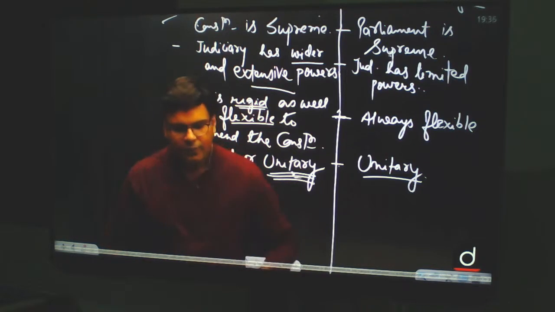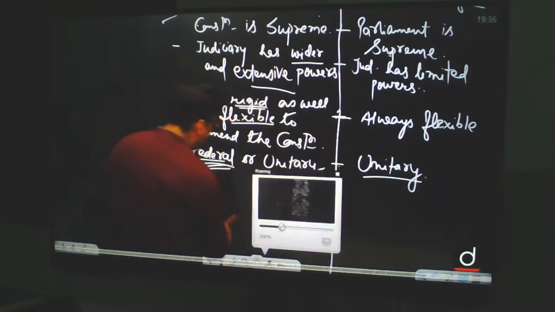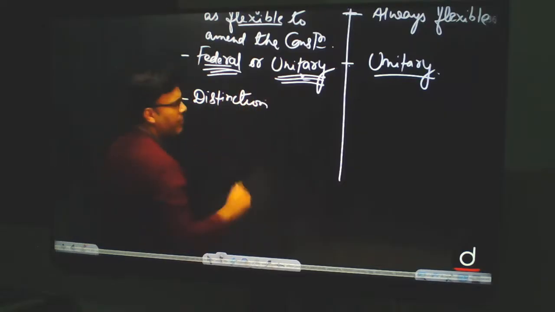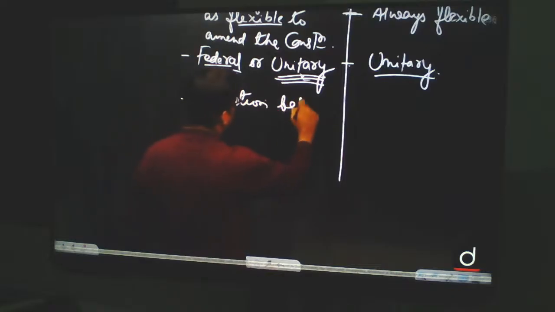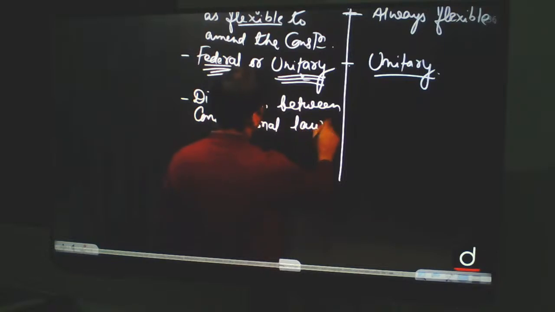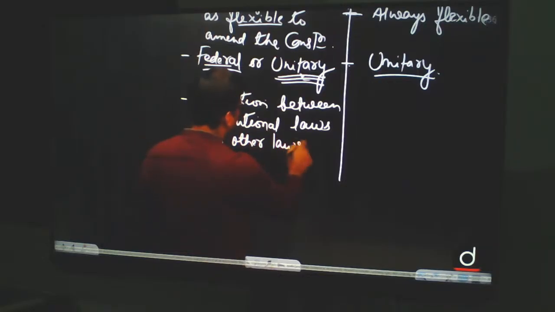Okay, so that is why in the written constitution, and it's a very important point, there is a distinction between constitutional laws and other laws. अभी हमने कल देखा था, what were other laws?